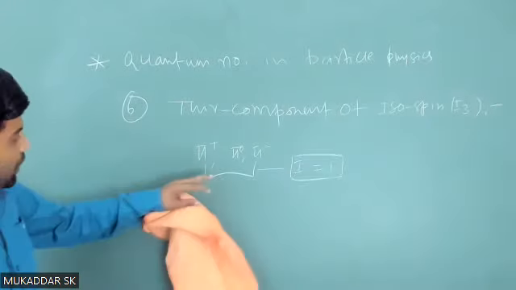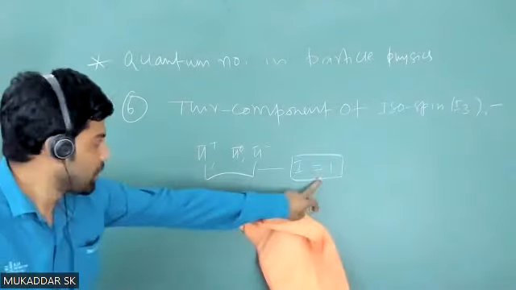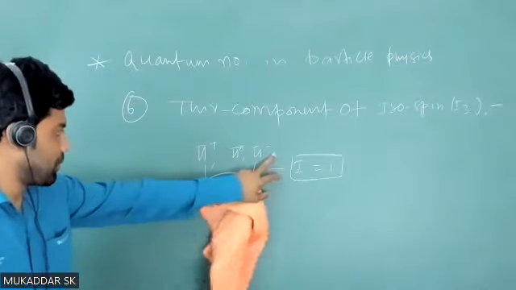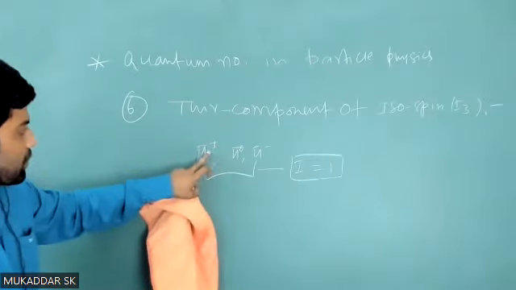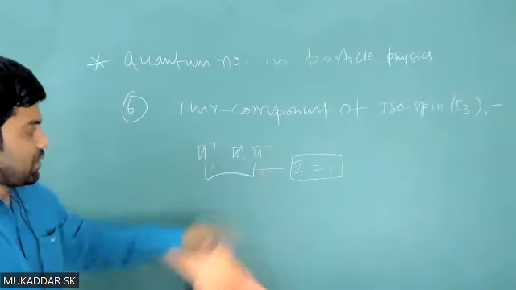But look, all three have the same quantity, so how will you differentiate them? Their charge state is different: for this it is plus 1, it is 0, it is minus 1.